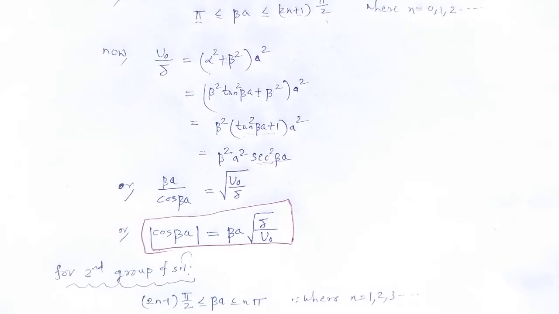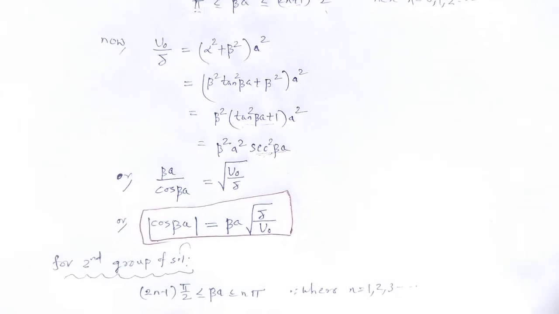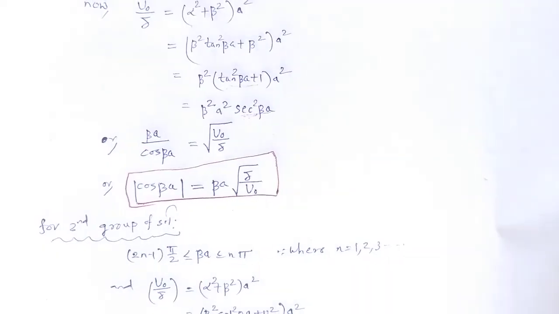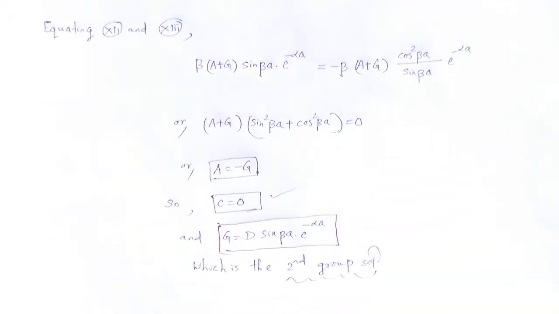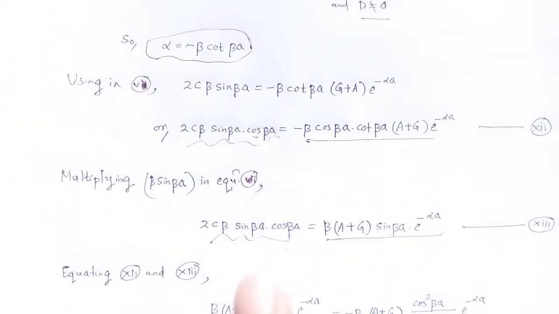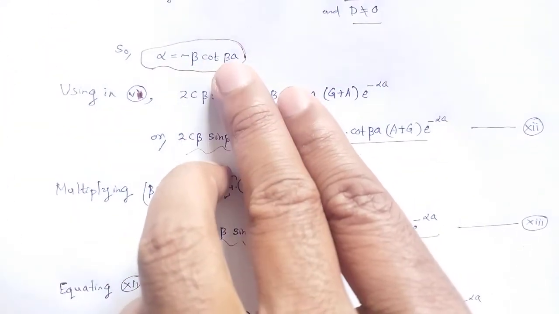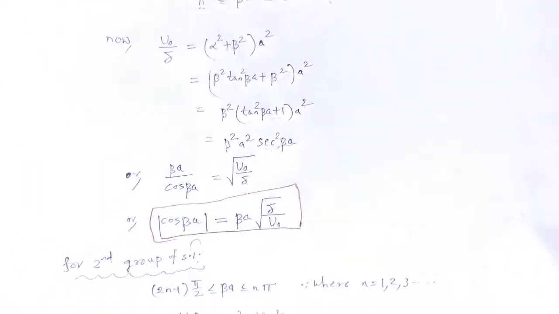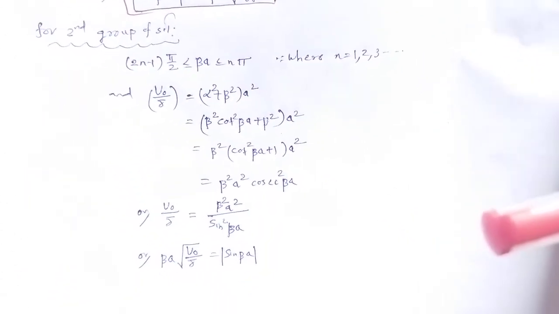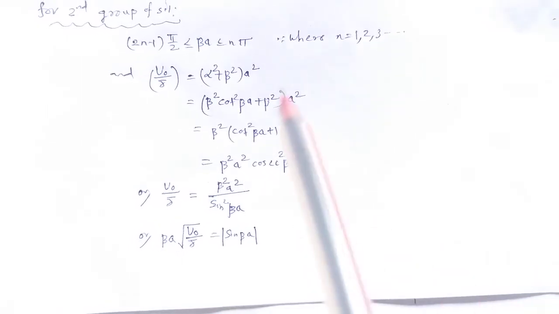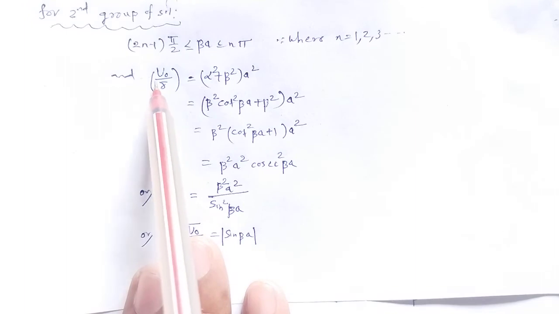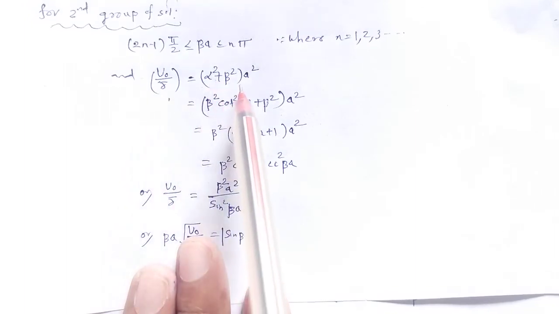Again, using the second group of solution, we introduce alpha is equal to minus beta cot beta a. Here, for the second group of solution, the range of beta a is between (2n minus 1) pi by 2 and n pi, where n stands for 1, 2, 3 and so on. So U naught by delta is equal to (alpha square plus beta square) a square.